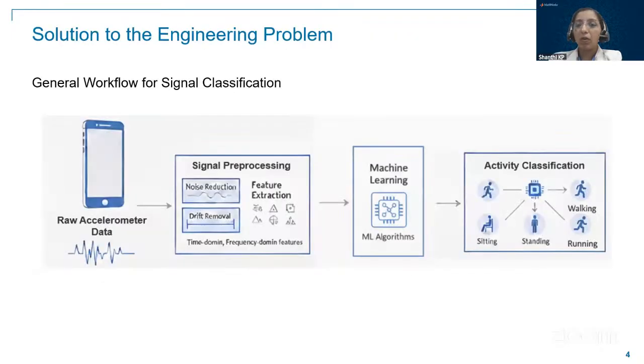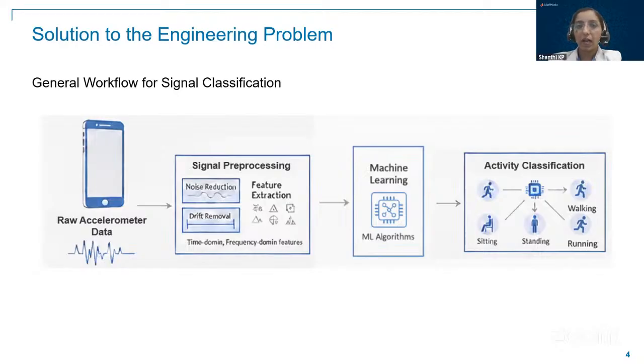So talking about the general workflow for signal classification, we begin with raw accelerometer data. Then in the pre-processing stage, we reduce noise, correct drift, and extract meaningful features from both time and frequency domains.